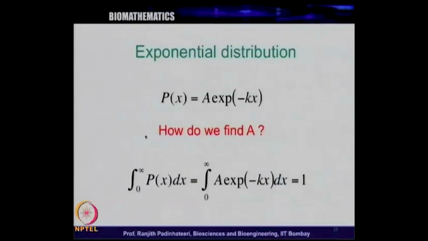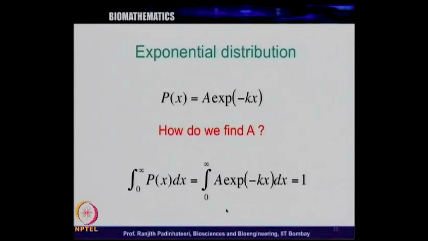How do we find a? Like we did before, we know that the total probability has to be 1. So, the integral of p of x dx, which is the integral of a e power minus kx dx, has to be 1.